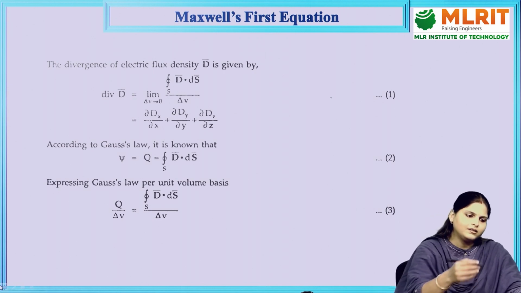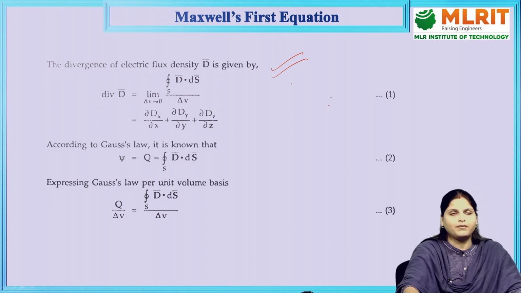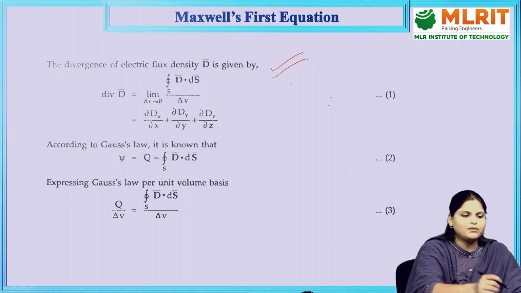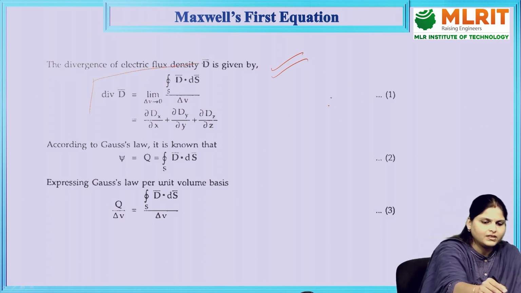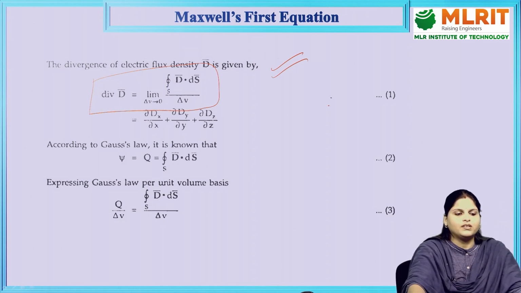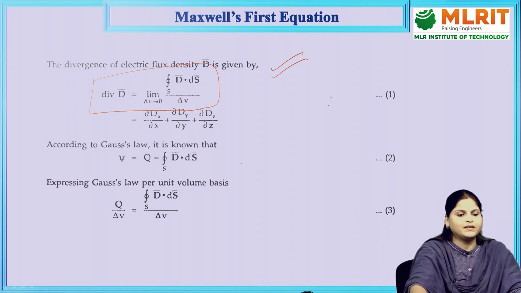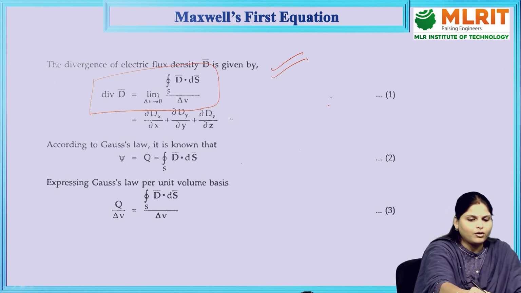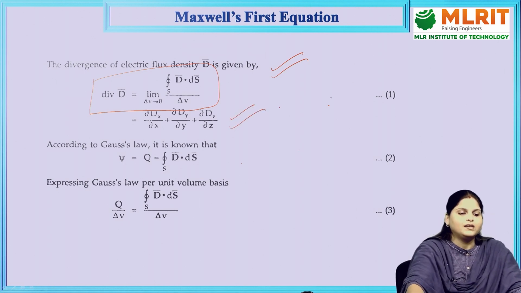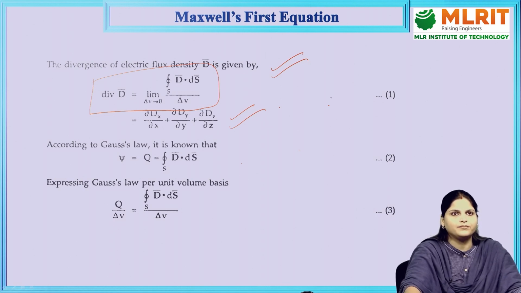So, let's start. We know that the divergence of electric flux density D is given by this formula: divergence of D is equal to the integration of D dot ds, with the limit of del V tends to 0, divided by del V, which is also del Dx by del x plus del Dy by del y plus del Dz by del z.